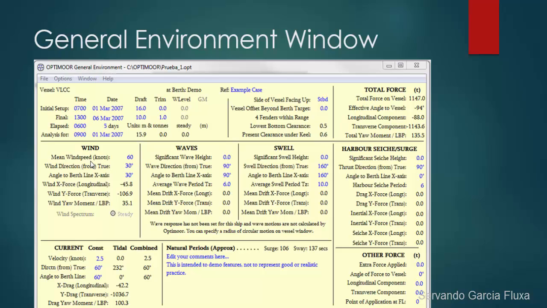Then you define the wind: the mean wind speed and the wind direction. How? Here it says from true or from angle berth line x-axis. So this depends on whether you want to define the direction of the wind depending on that particular north definition from left to right, or if you have changed that north, then you can introduce the value in some other way.